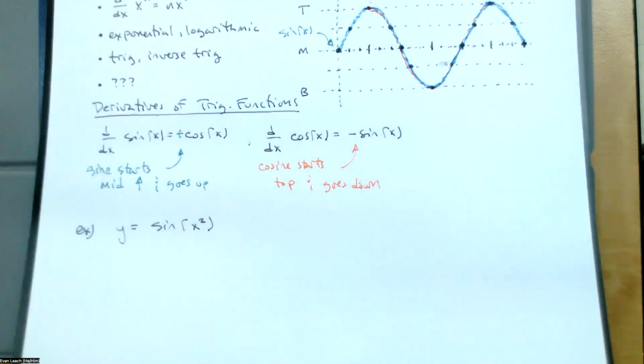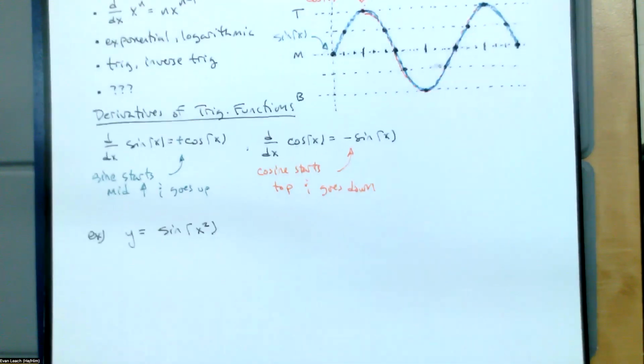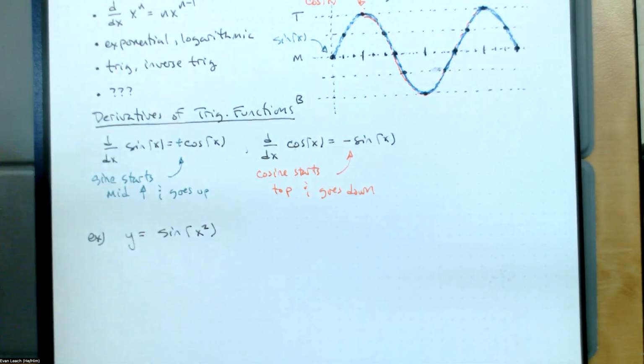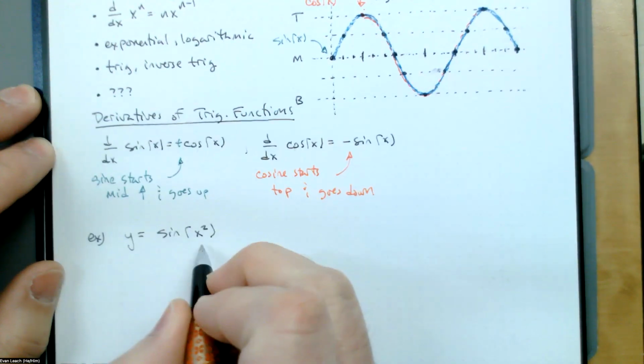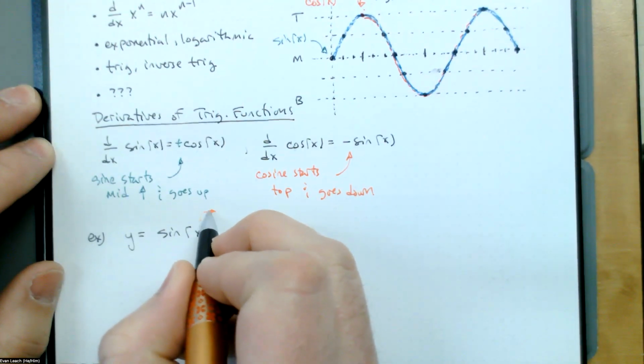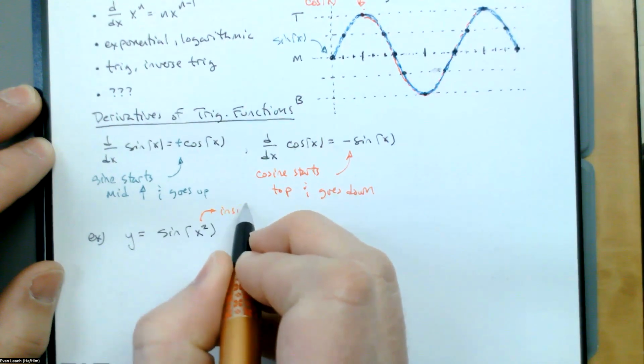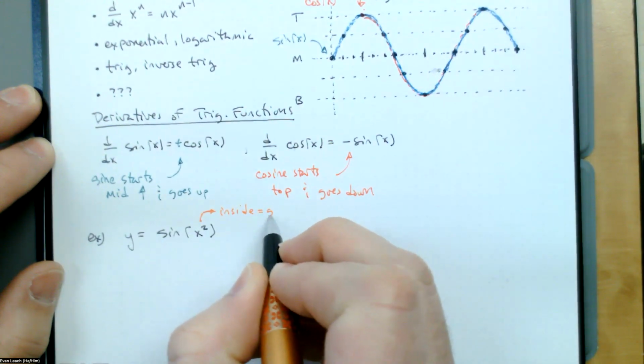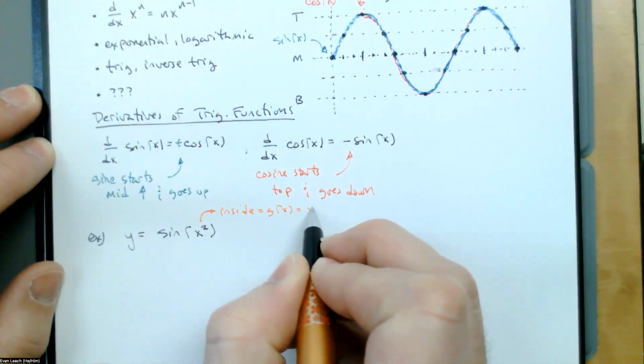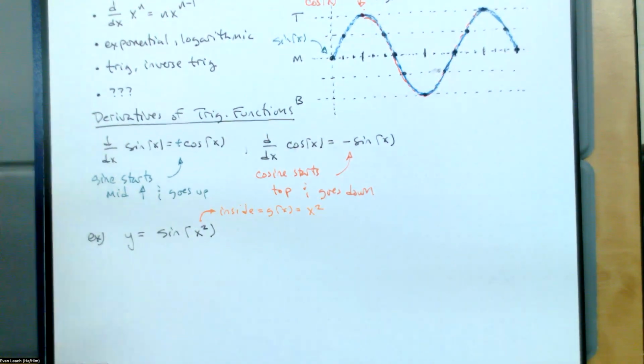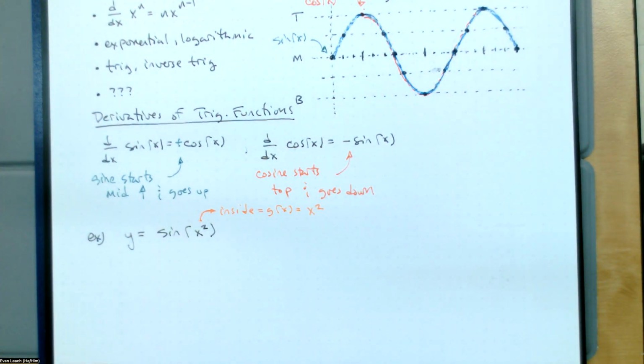In the notation that we used yesterday, that's the g of x. So here the inside, or the g of x, is x squared. The outside function is sine. So it's sine of stuff is the way I'm reading this, and I have bad habits.